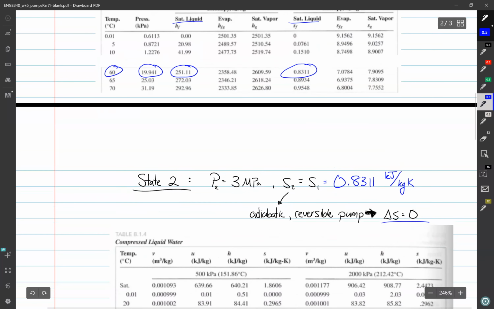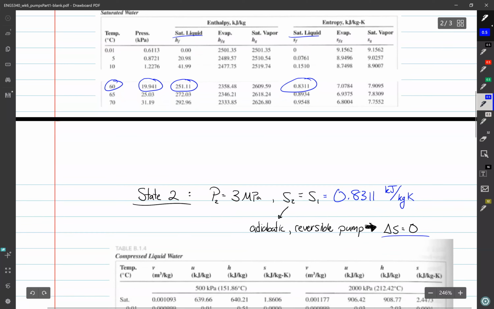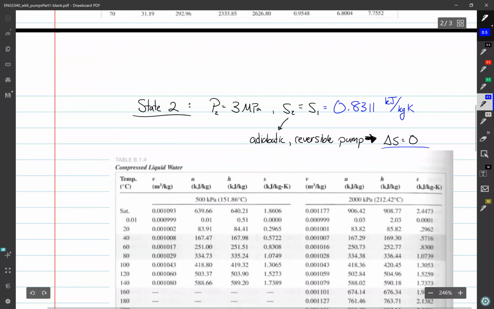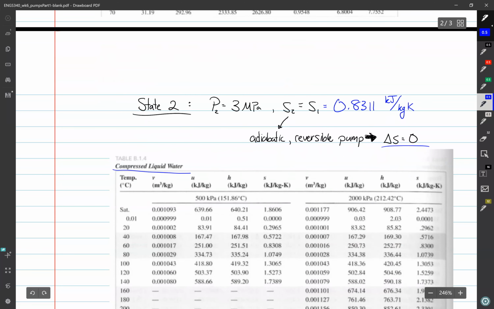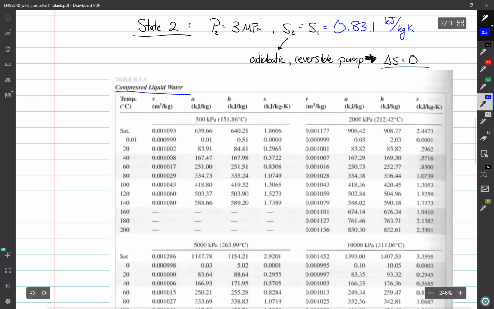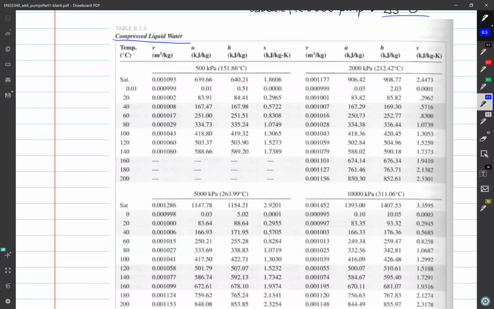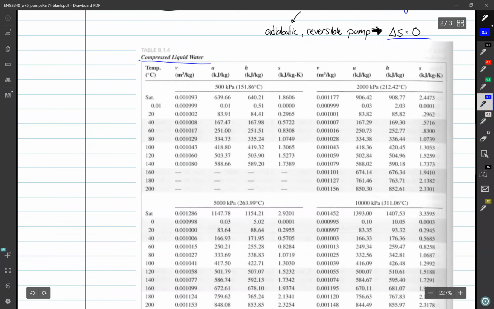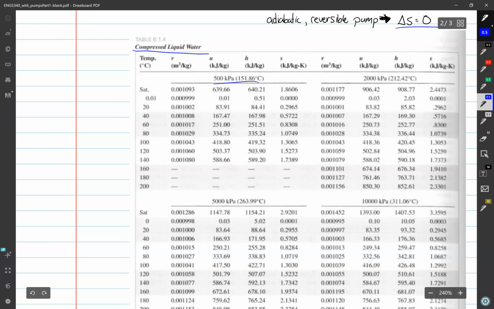Okay. So now, instead of the saturated tables, since we increased the pressure and compressed the system, we're going to be looking in the tables for compressed liquid water. And we're looking for these two values, this pressure, 3 megapascals, and this entropy, 0.8311 kilojoules per kilogram Kelvin. So we find pretty quickly that our pressure is in between two values. We have 500 kilopascal, 2000 kilopascal, and 5000.